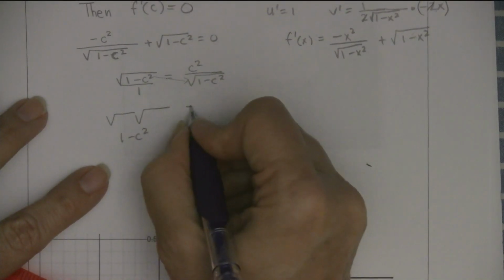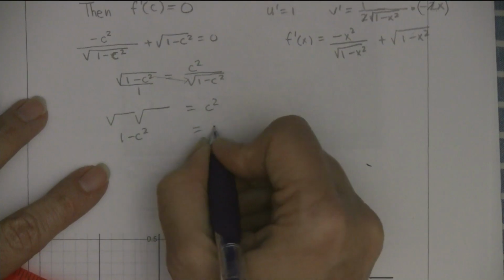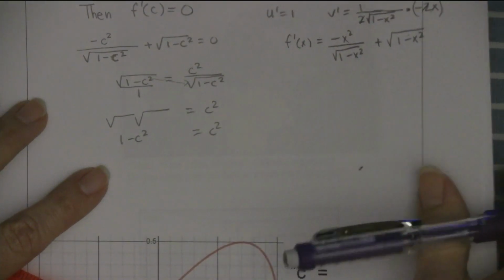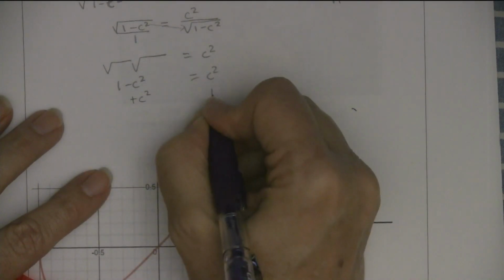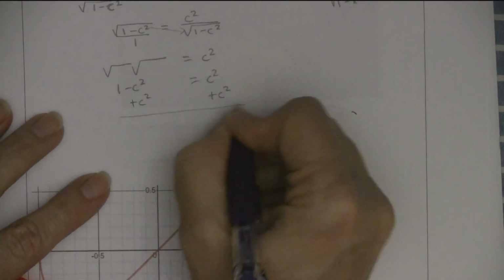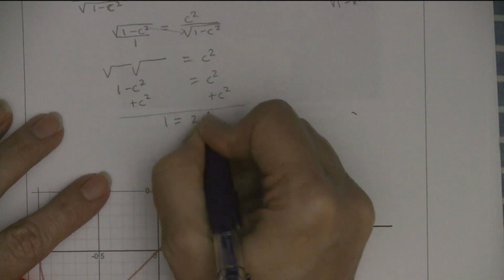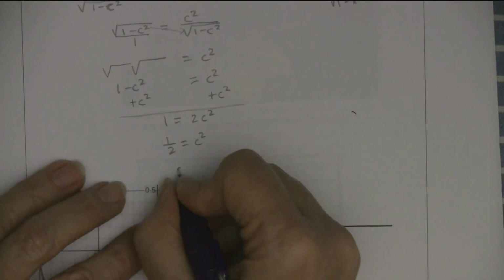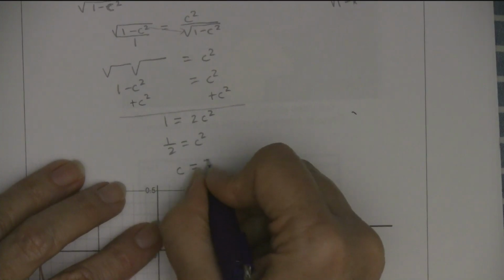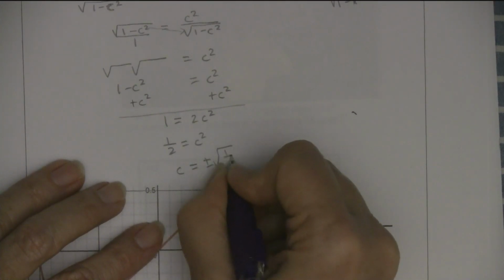And then over here, I get equals C squared. So I think I'll add the C squared to the other side, so it doesn't turn out to be that hard of a solve. But 1 equals 2C squared, so half equals C squared. And so C equals plus or minus the square root of half.